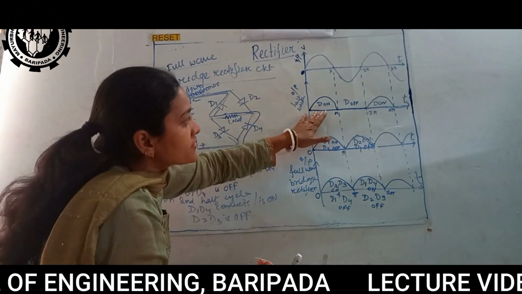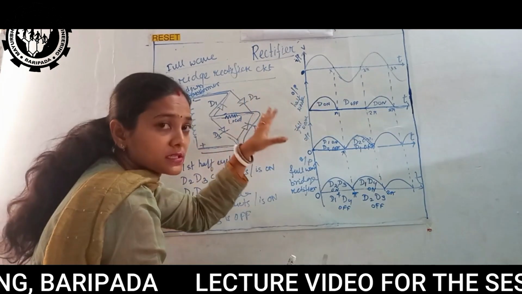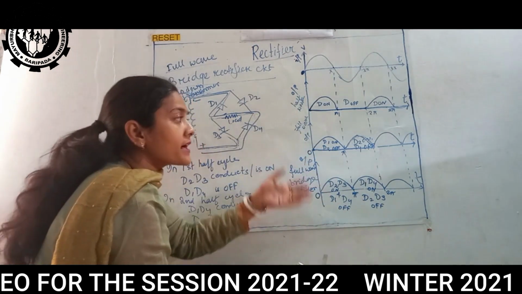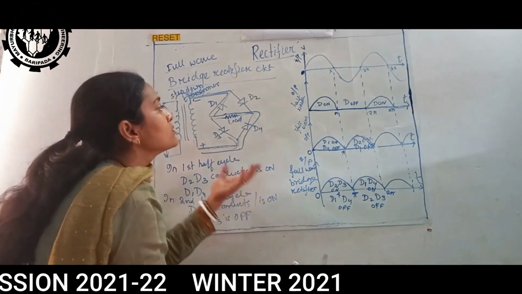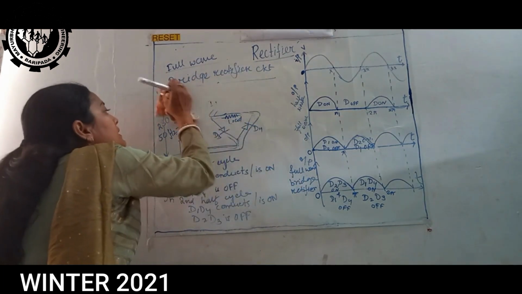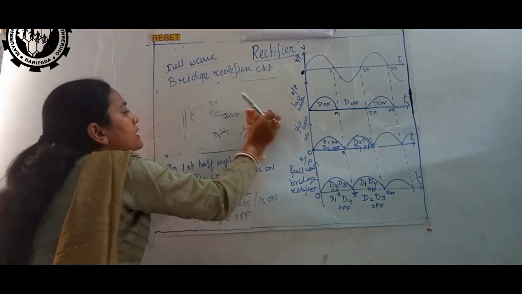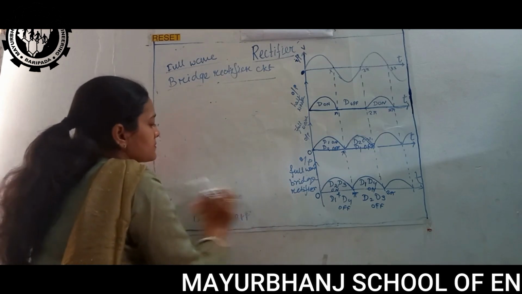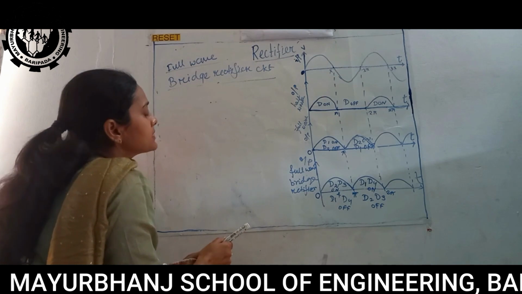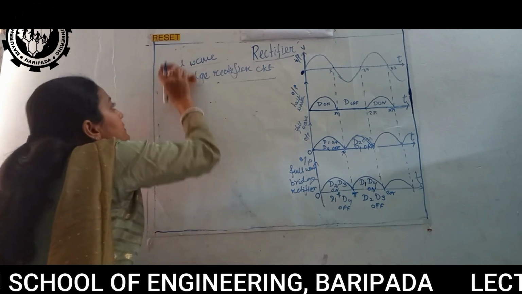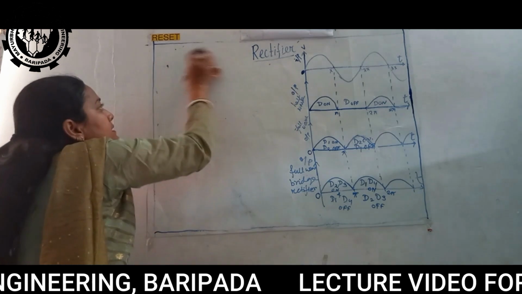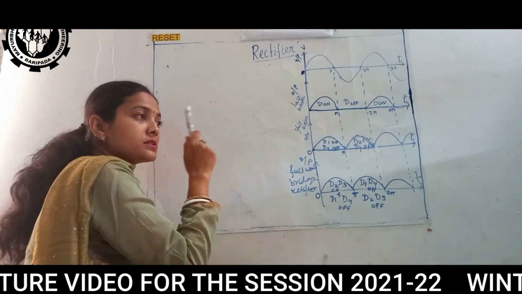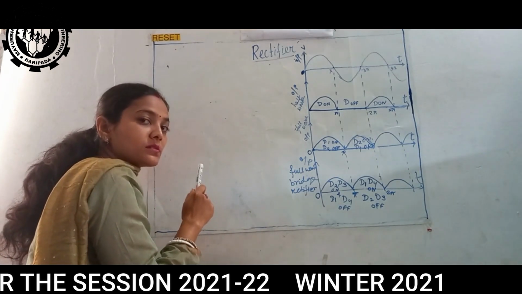Here we have not given a filter circuit. What we are getting is pulsating DC output. To get pure DC, we need to connect an inductor or a capacitor in the circuit. A capacitor we always connect in parallel to the output, or to the load.